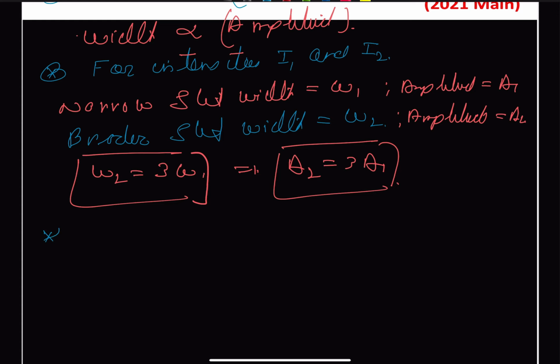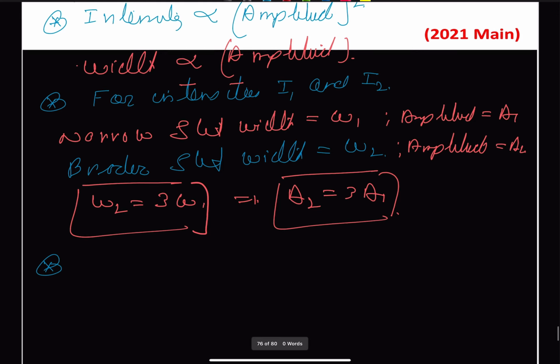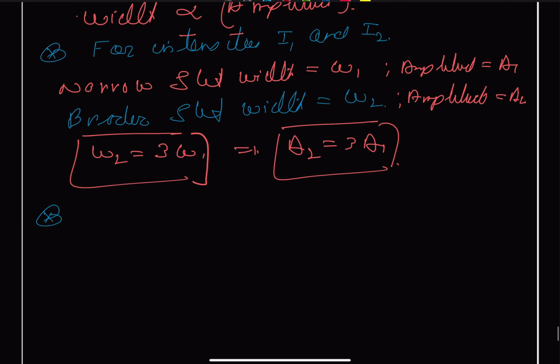And we also wrote that intensity is directly proportional to amplitude square. So I1 to I2 will be equal to (A1 upon A2) whole square.